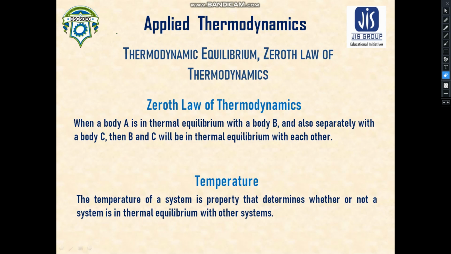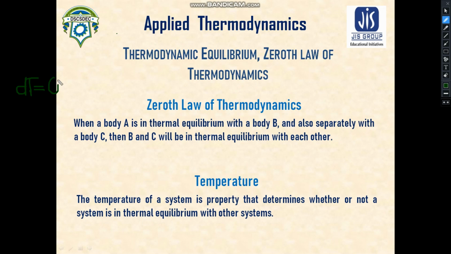So we were primarily discussing thermodynamic equilibrium. We had mentioned there will be three separate cases: mechanical equilibrium, chemical equilibrium, and thermal equilibrium. So in case of thermal equilibrium, we can say that there will be no temperature difference.